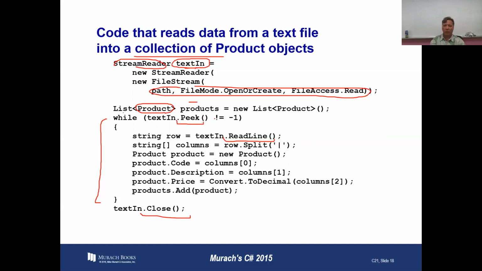It's possible that there aren't any more lines there. If we do a peek and we get back a -1, that means there are no characters left to read. But if there are characters left to read, it's not going to return a -1. It's going to return what that top character is.